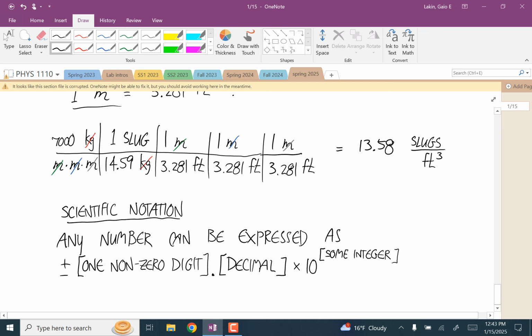And that integer can be positive or negative. So if that integer is negative, that's how you get numbers with an absolute value smaller than 1. And if that integer exponent is positive, that's how you get numbers with an absolute value bigger than 10.